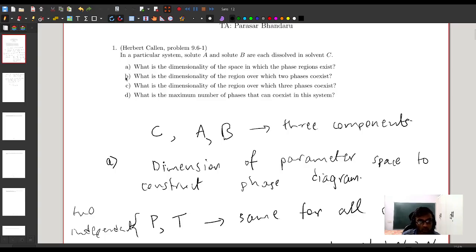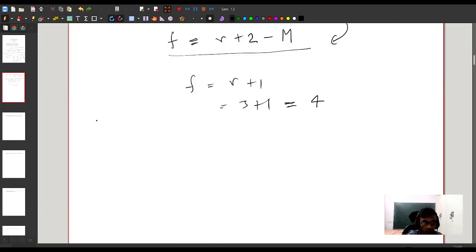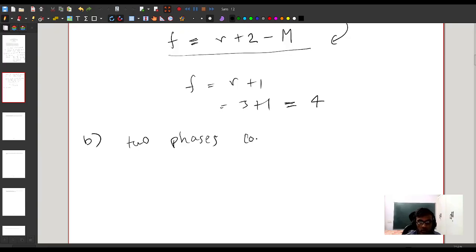Moving on now, in the B part, we have to find the dimensionality of the region in which two phases coexist. So in this formula, m then becomes 2.